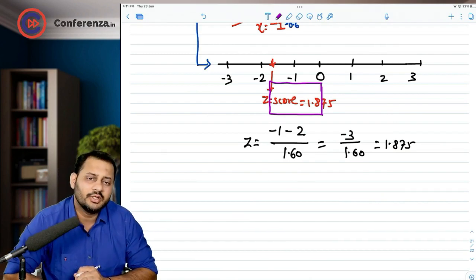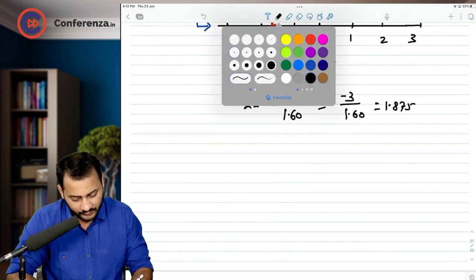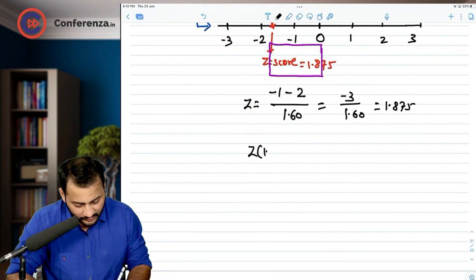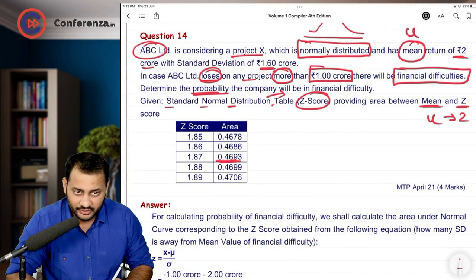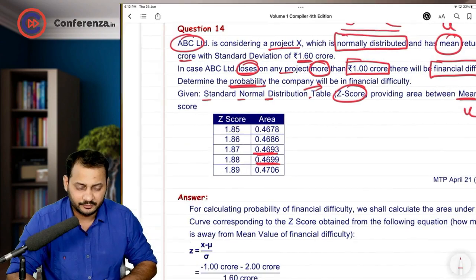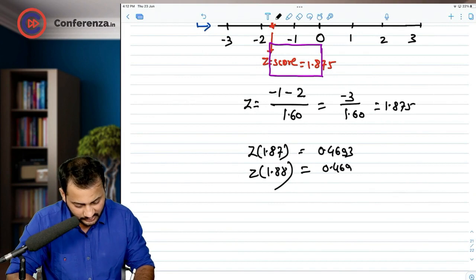Let's first calculate the area for the Z score of 1.875. You have 1.87 and 1.88 given in the table: 1.87 gives 0.4693, and 1.88 gives 0.4699.